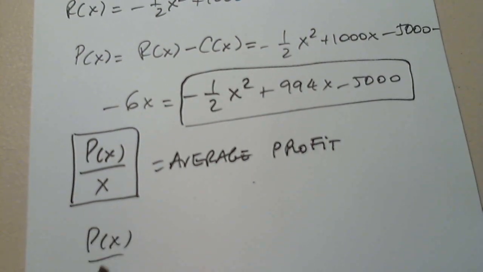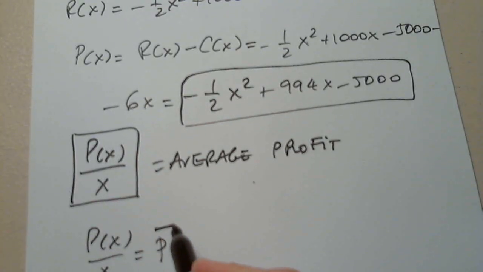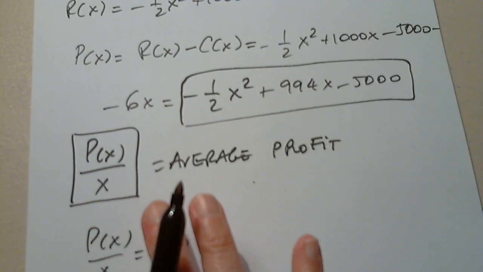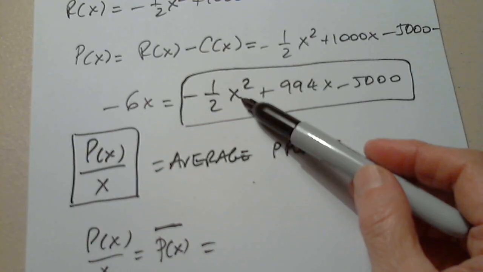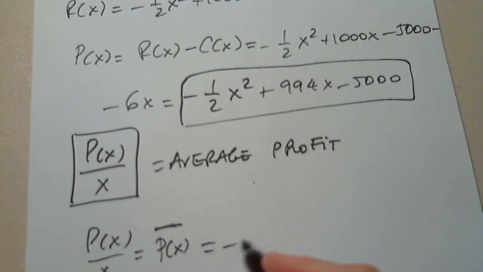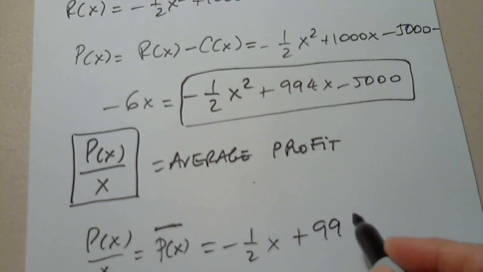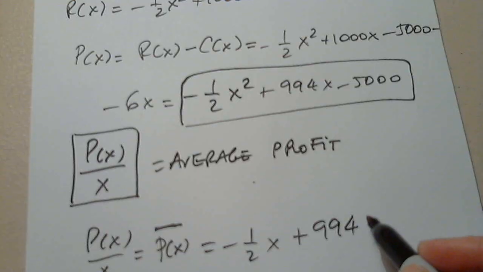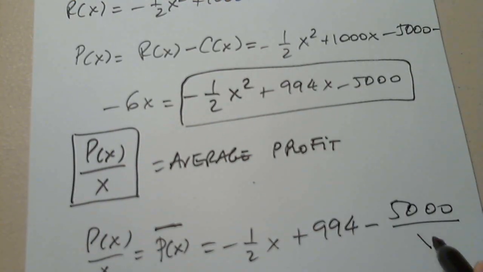Sometimes this is denoted by P of x with a bar on top. Not important. So negative 1/2 x squared divided by x is negative 1/2 x. 994x divided by x is positive 994. And minus 5000 over x has to stay as is.